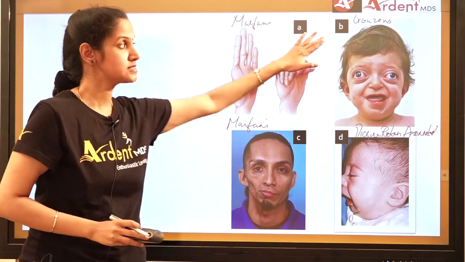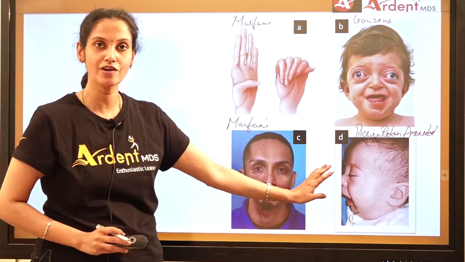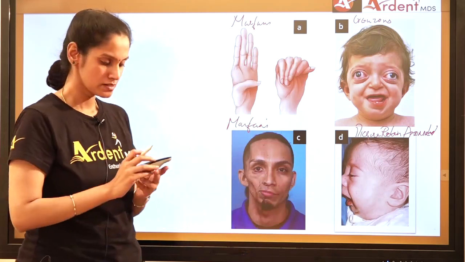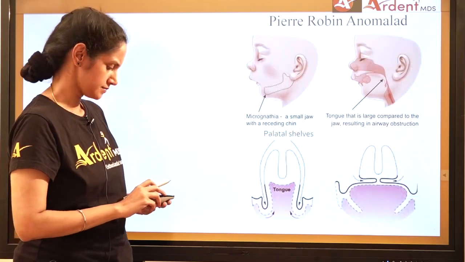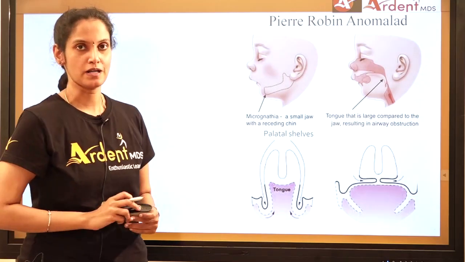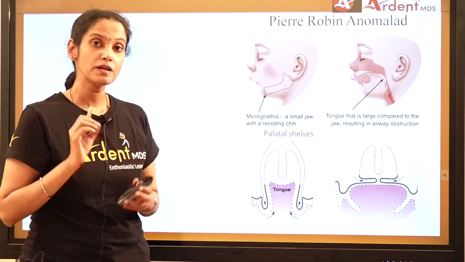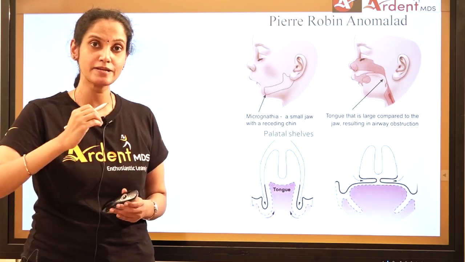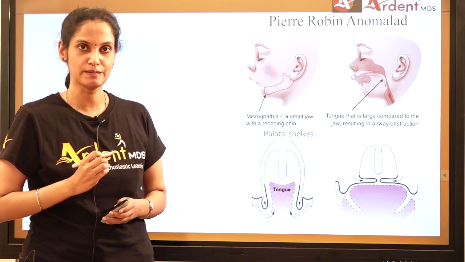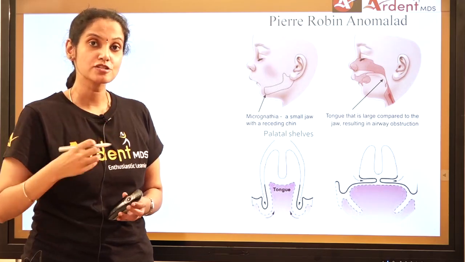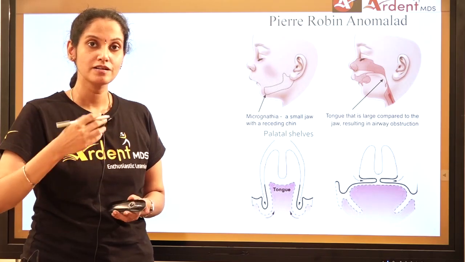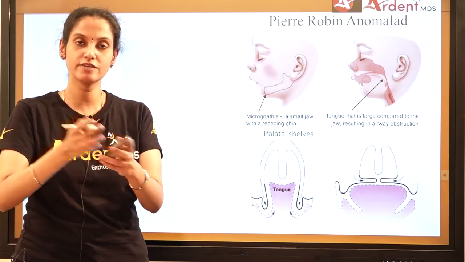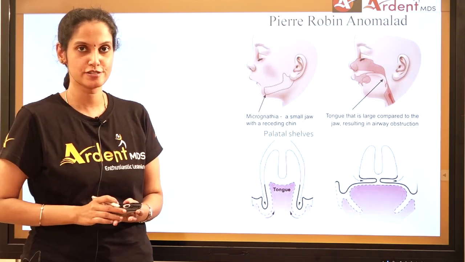We call all these three as syndromes, but here we called it as Pierre Robin anomaly. Why is it an anomaly? Anomaly also has a combination of symptoms, but each symptom is interconnected with each other. One primary structural change will give rise to the other primary structural change.